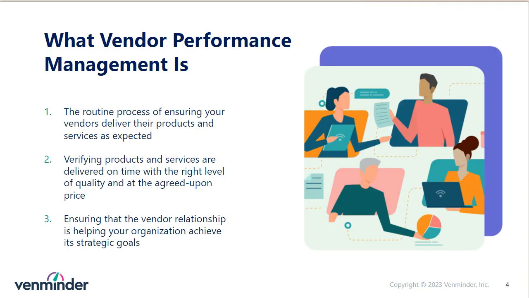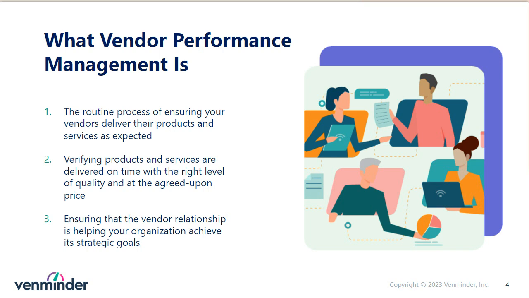So what is vendor performance management? Well, it's pretty much what it sounds like. It's managing the performance of the vendor. But to get a little more granular, it is first a routine process that ensures all your vendors are delivering what it is that we expect them to. And this being a routine means we do this all the time.